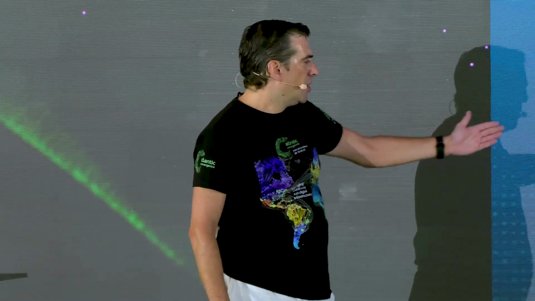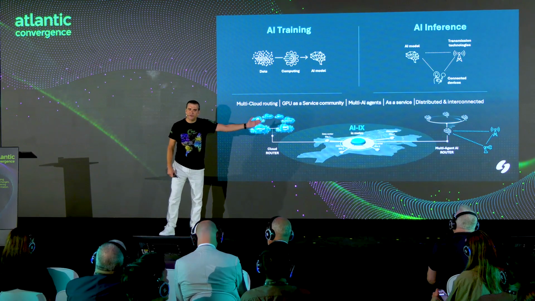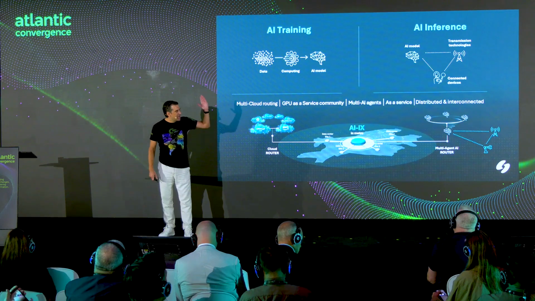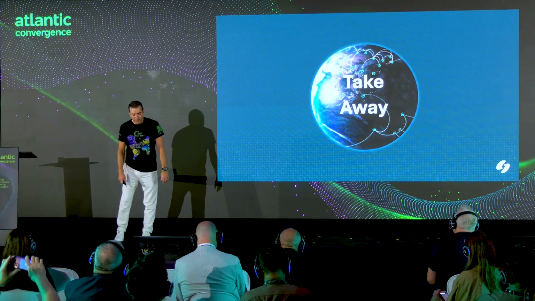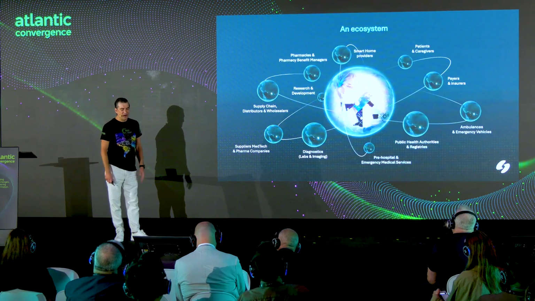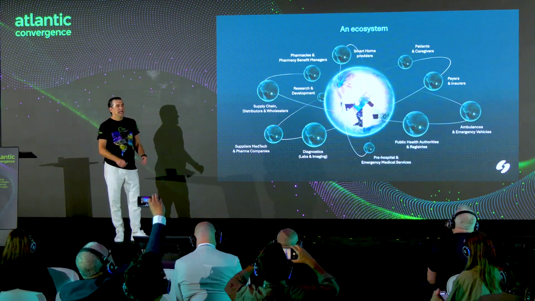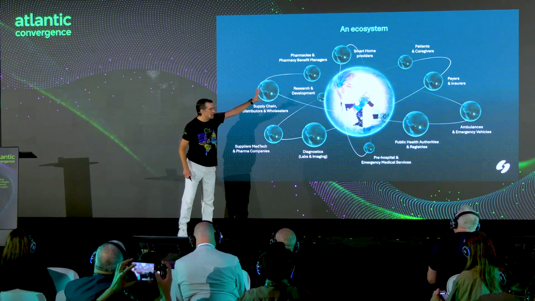This is the summary: training and inference with three solutions: cloud router, GPU as a service communities for the training side, and the multi-agent routing for the inference side, into one offering. So that's the takeaway. It's an ecosystem that depends on our infrastructure offering with all the different segments.